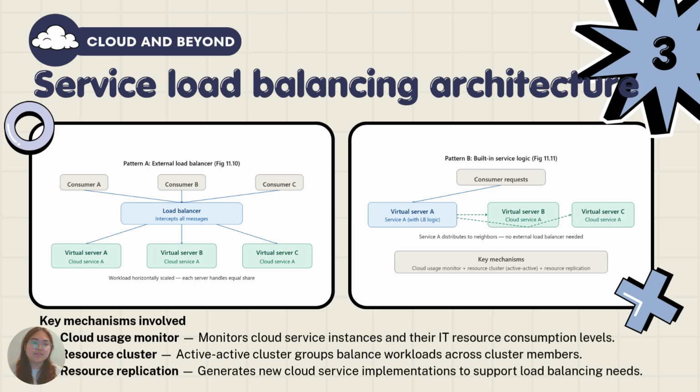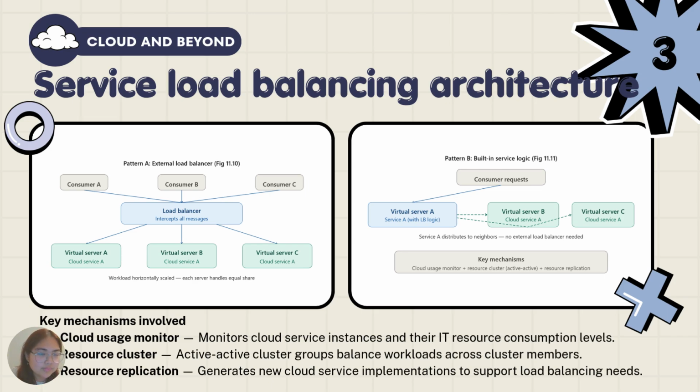Now we got two patterns here. As you can see at pattern A, we have the external load balancer approach, meaning we have a component specifically to be a load balancer. All consumer requests go through a dedicated load balancer component, and then it routes them to the right virtual service.